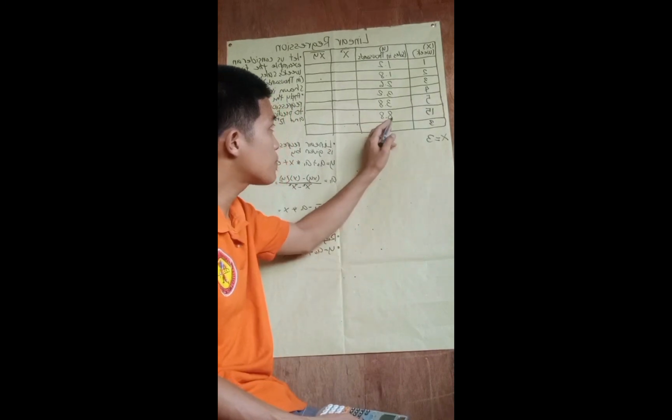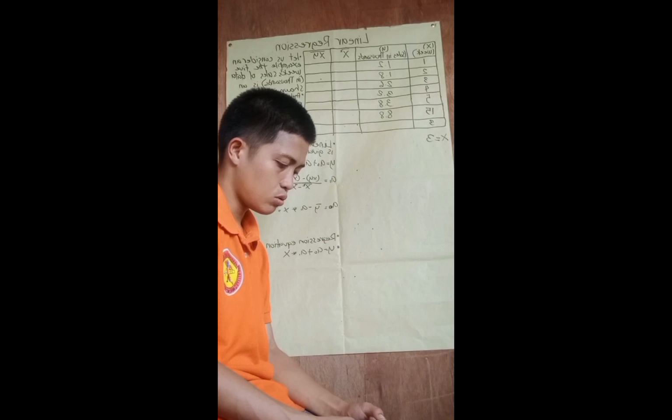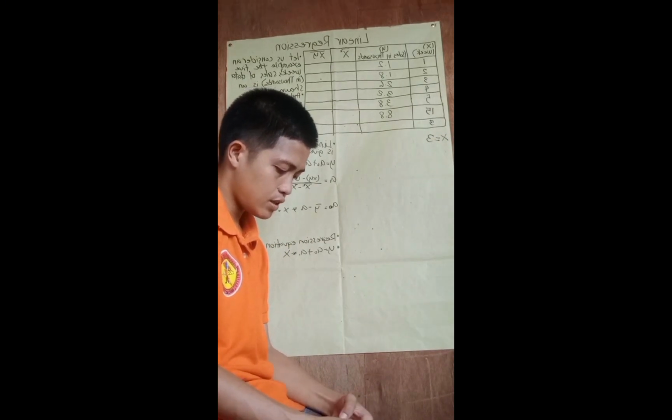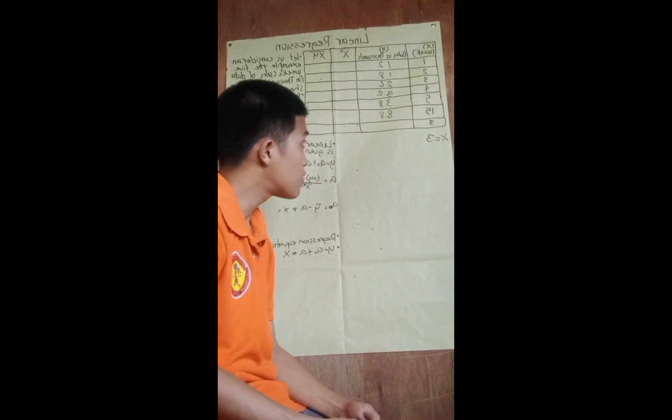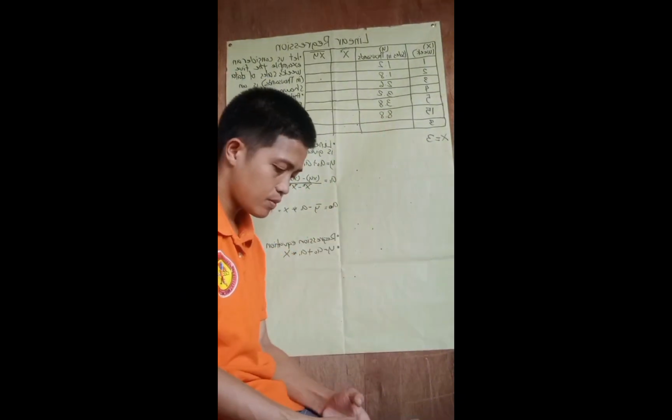The sum is 8.8. To get the mean, divide 8.8 by 5.